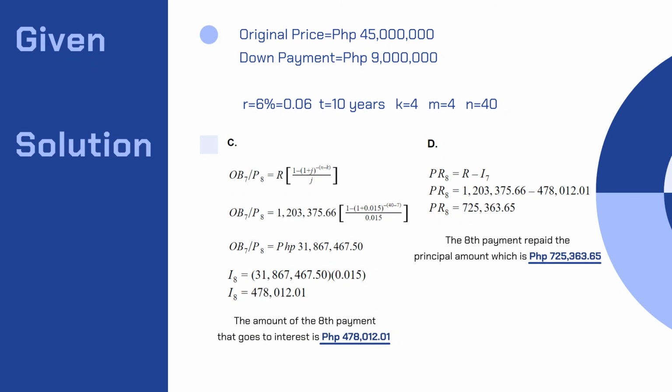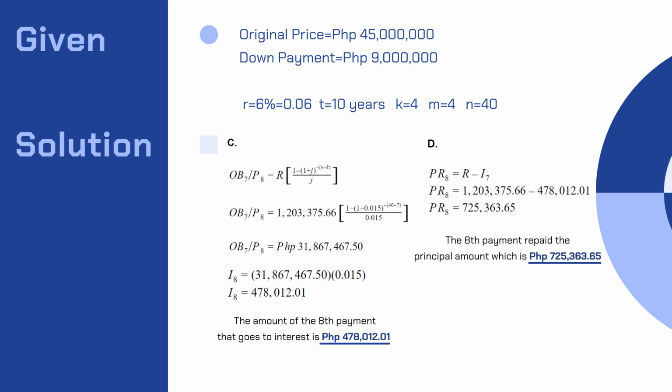For letter C, we need to compute the amount of the 7th payment which is allotted to the interest. And first, we have to solve for the principal value of the 7th payment using the same formula earlier. But this time, since we are looking for the principal value of the 7th payment, K is equal to 6.